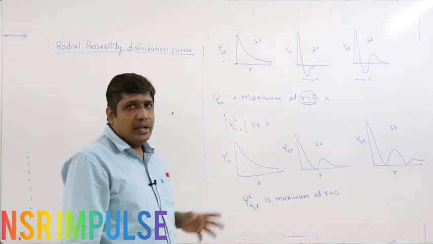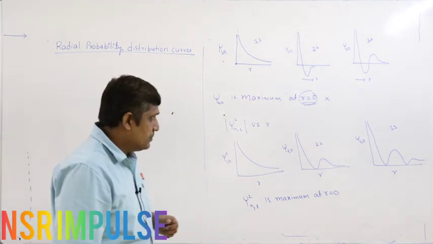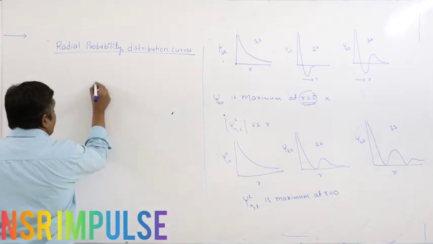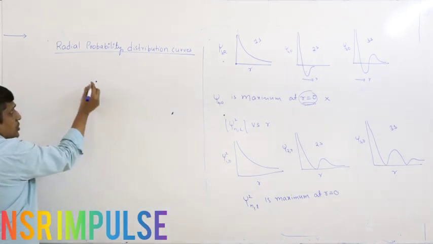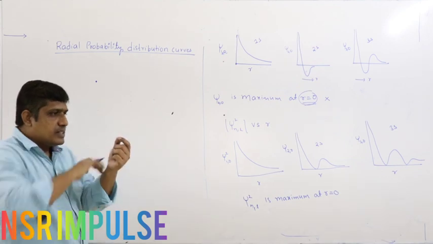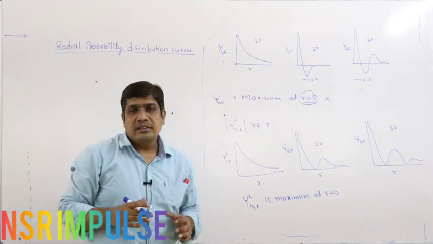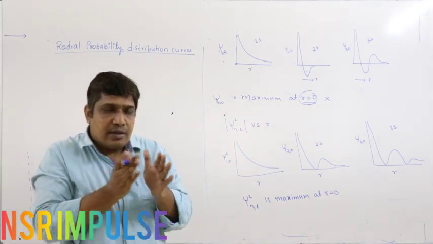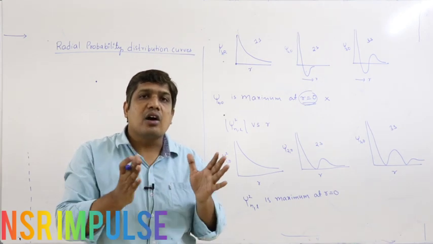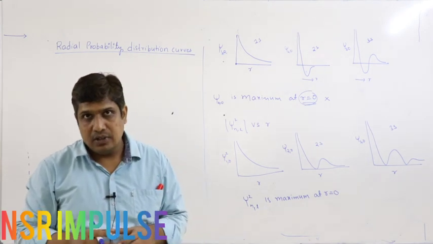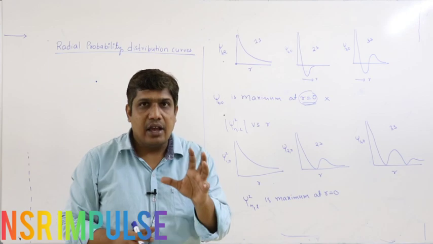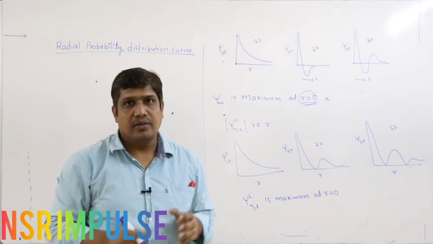Now, to explain the probability function, what they have done is, if I consider this nucleus, the space around the nucleus, they assume that it can be divided into a number of concentric shells. To understand this, take an onion and cut it in half.